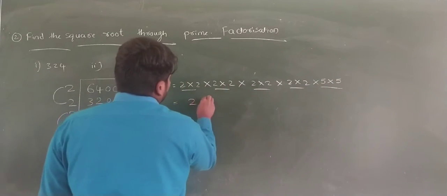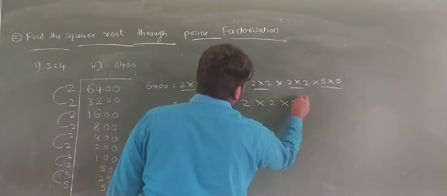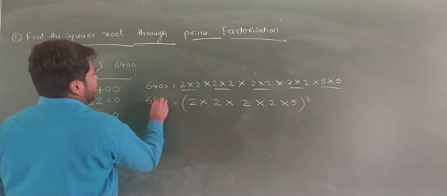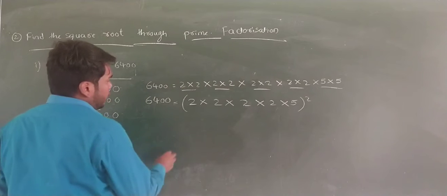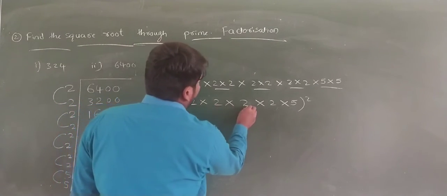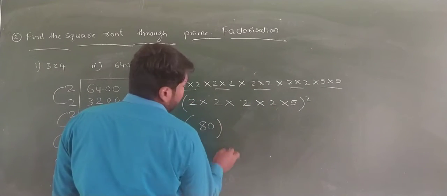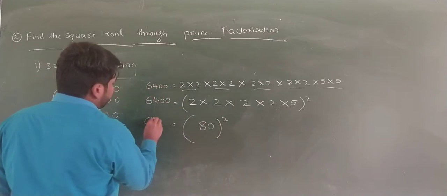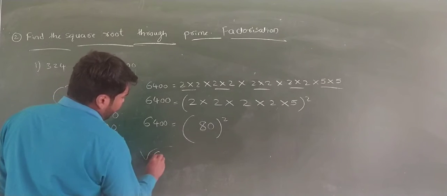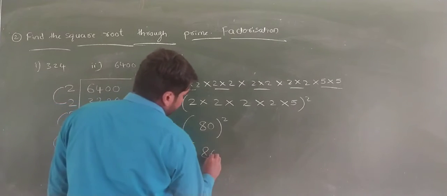It is 2 into 2 into 2 into 2 into 5. Okay, its whole square is 6400. So 2 2s are 4, 4 2s are 8, 8 2s are 16, 16 5s are 80. So 80 whole square is equal to 6400. So transfer the root here. The root of 6400 is 80.